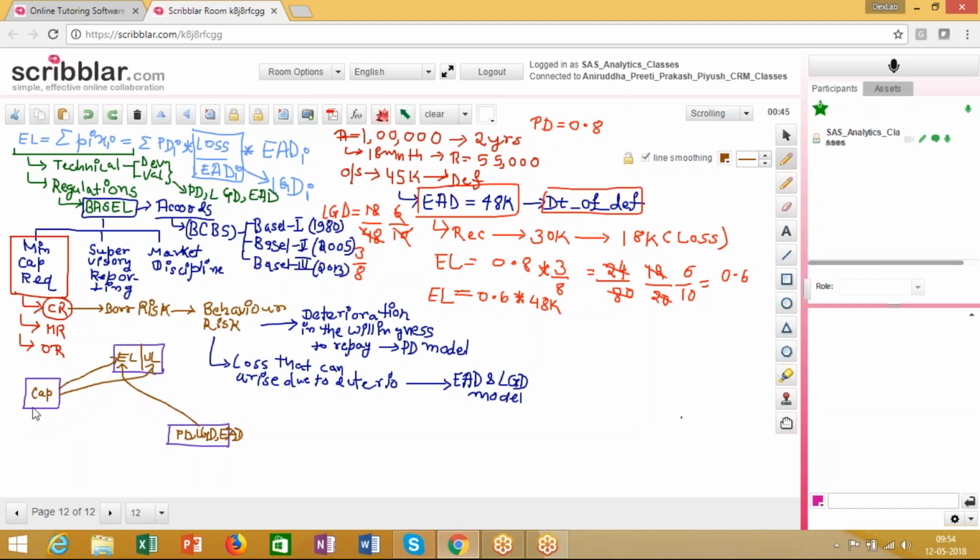To understand this, we need to understand the different tiers of capital that a bank has. The first and most important tier of capital is tier 1 capital. Second is tier 2 capital.